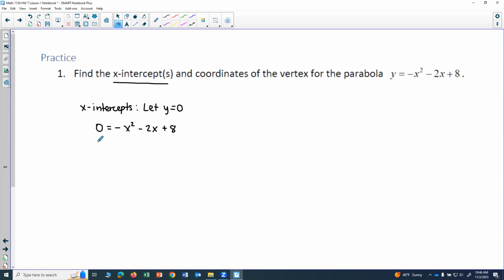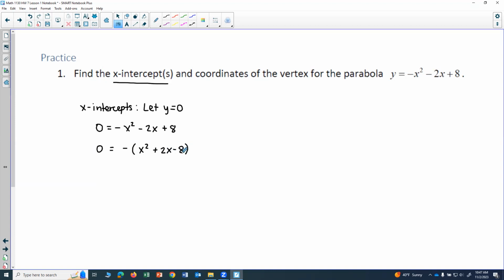And I could solve this with any of the methods that I learned in previous homework sections. So I could use the quadratic formula, or I could go ahead and factor it. This one looks fairly easy to factor, so I'm going to go ahead and pull out the negative first, and then I'll have x squared plus 2x minus 8.